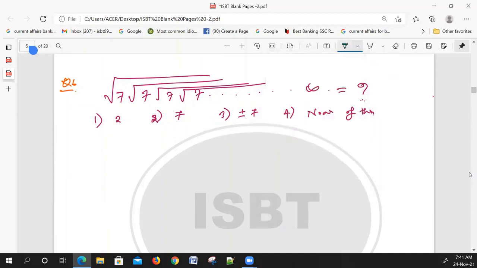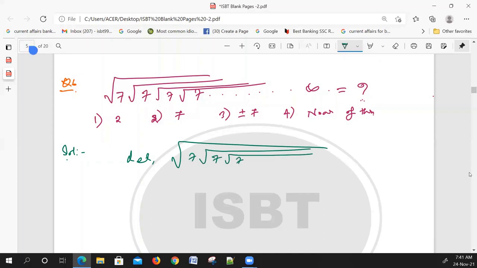Now, here is the solution. Let under root of 7 into under root of 7 into under root of 7 into under root of 7 be equal to x.